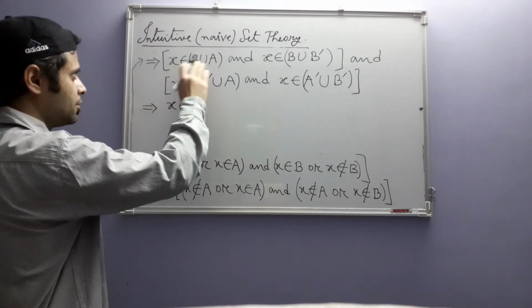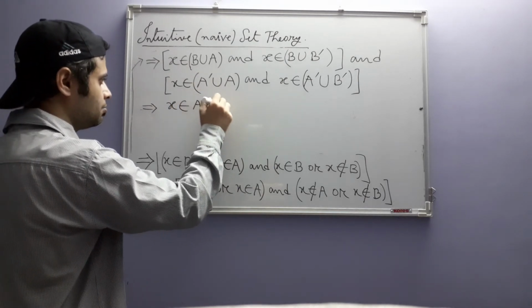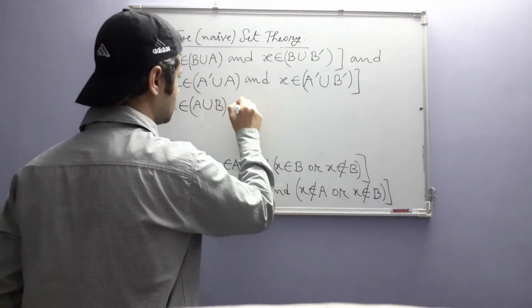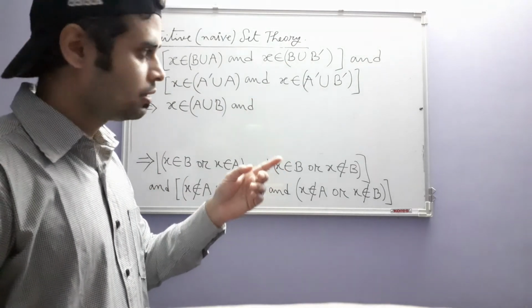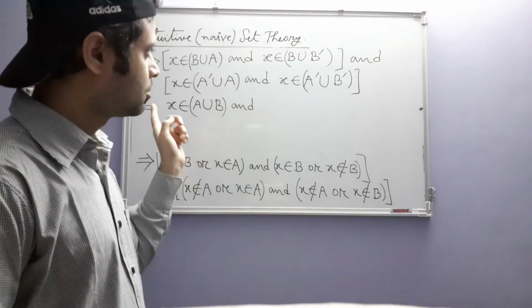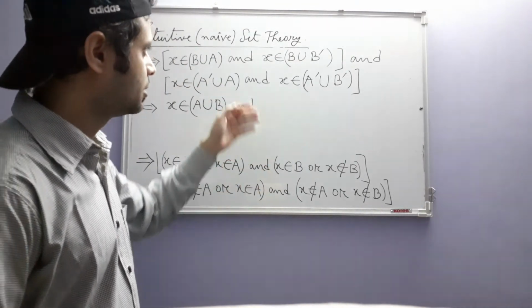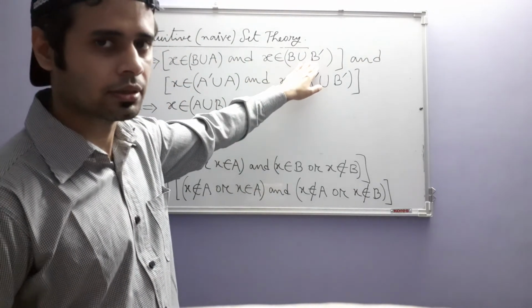Okay, now what does this imply? X belongs to, now in place of B union A, I can write A union B. And okay, now if you remember the properties that we have come across while studying different subsets, complement subset, etc., this is nothing but the universal set.